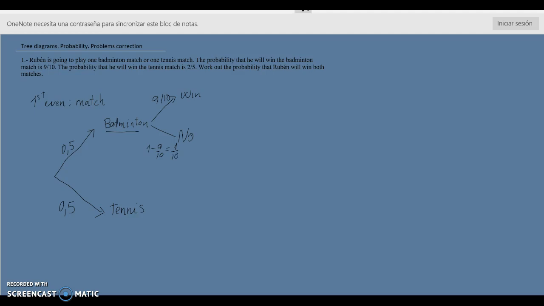So this is 1/10. If he plays tennis, the probability of winning is 2/5. So no winning is 3/5. So work out the probability that Ruben will win both matches.